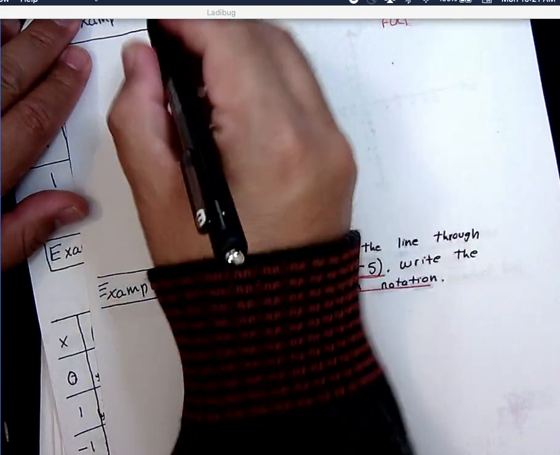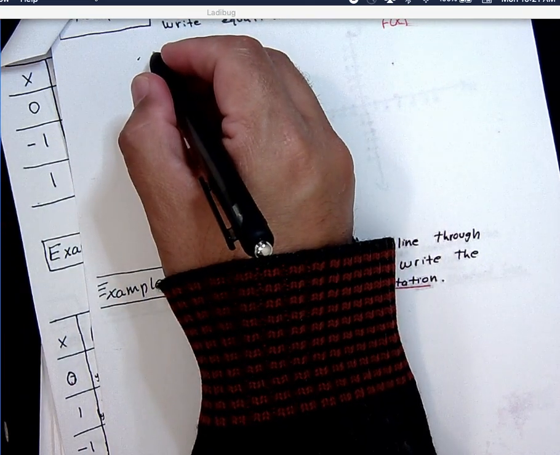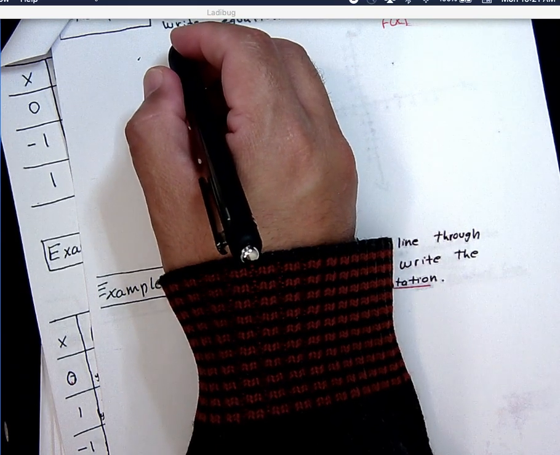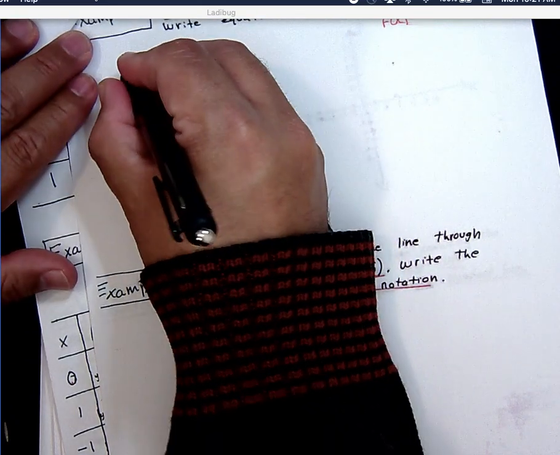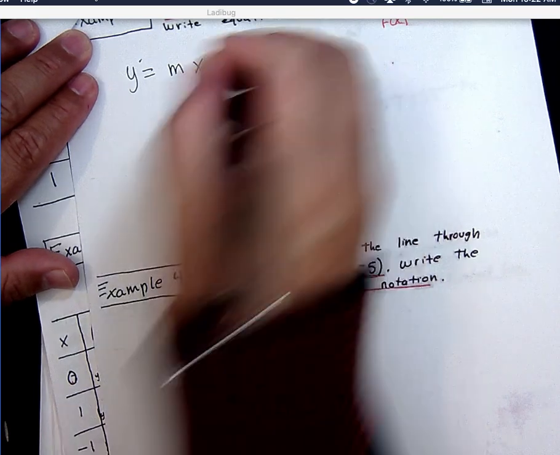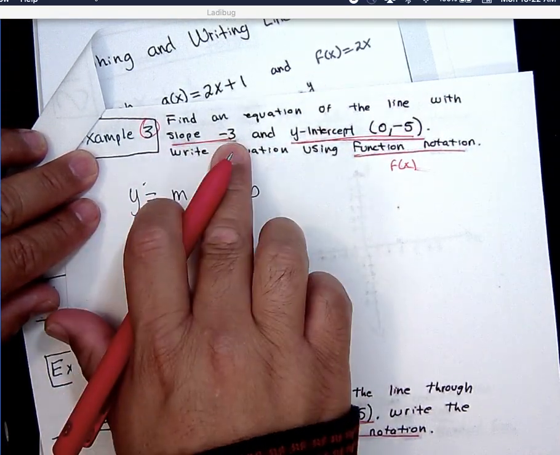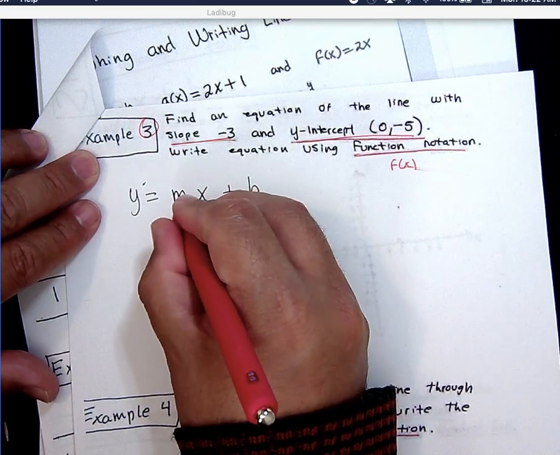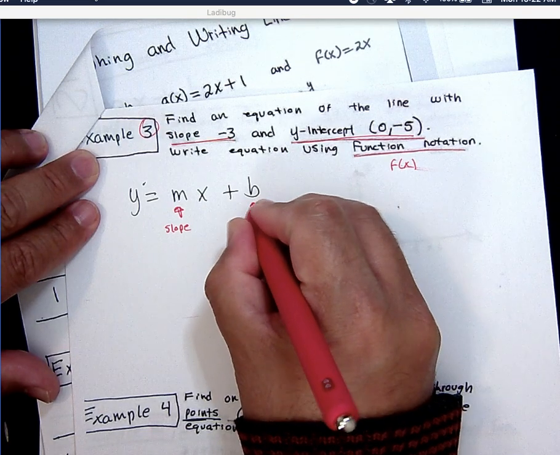For this one, I think it's better if we use the y-intercept form, which is y equals mx plus b. So find the equation; they gave us the slope and the y-intercept. Remember, this is the slope, and that's the y-intercept.